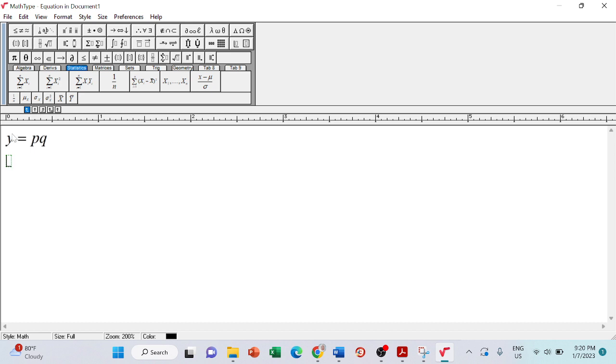Maksudnya, dekat sini kita boleh cari dY dP, kita boleh cari dY dQ.